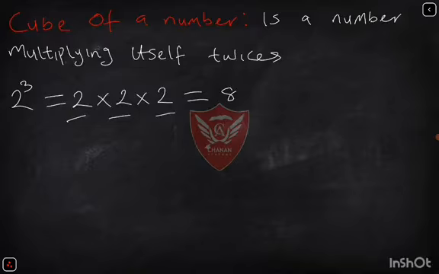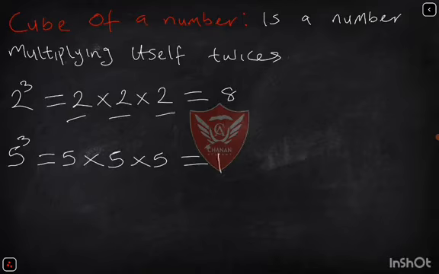If we take another example, say the cube of 5, which can be represented as 5 raised to the power of 3, which is equal to 5 multiplied by 5 multiplied by 5, and the result is 125.